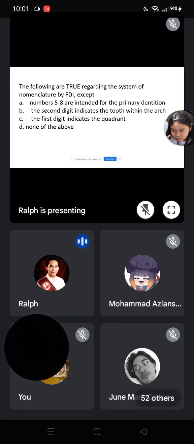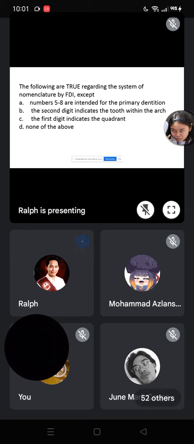Now, the second digit represents another thing, and that indicates the specific tooth. But remember, in FDI, we are not naming the tooth by arch because that is for the universal. We are naming, focusing by quadrant. Therefore, the second digit indicates the tooth not within the arch, but within the quadrant.